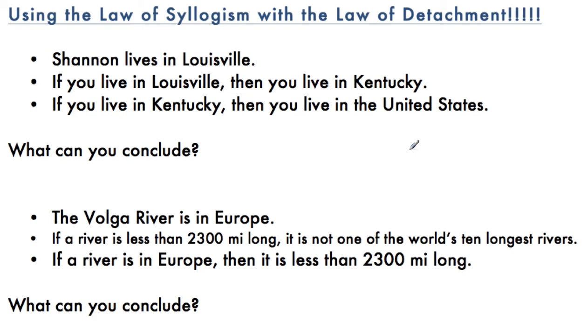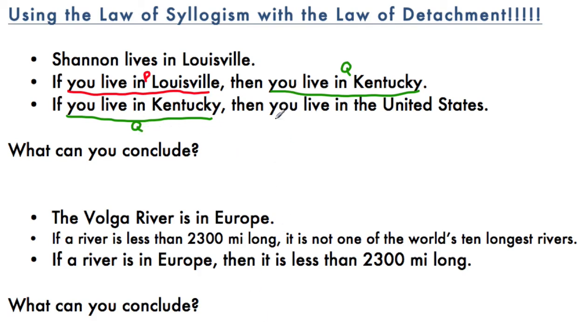What can we conclude? Well, let's see here. We've got a given statement of fact. We've got two conditionals here. So let's do our P's and Q's. You live in Louisville is a P. You live in Kentucky is a Q. That shows up as the hypothesis of our next statement. So that's a Q again.